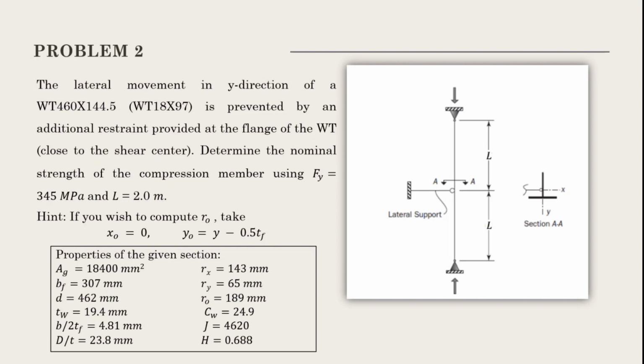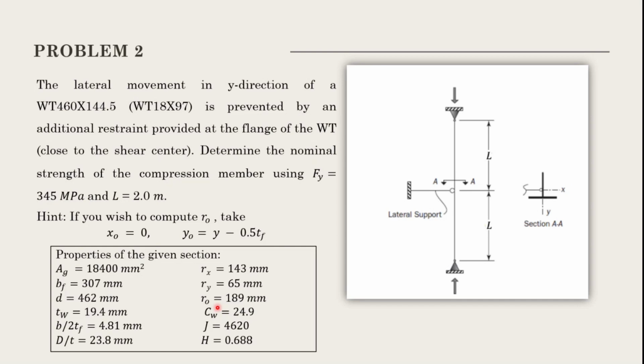But from the database, we can find it. The R sub O for every T shape is given in the database, so we can simply use that. But if it is not given, we have to compute it based on the formula provided by the code.